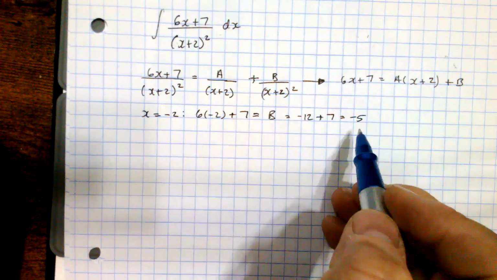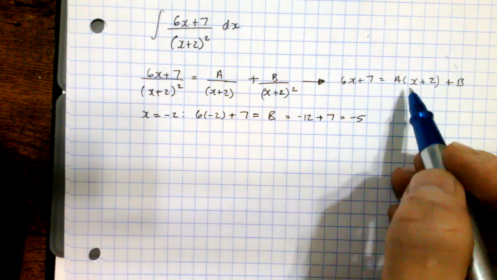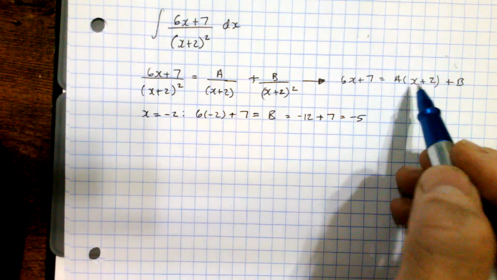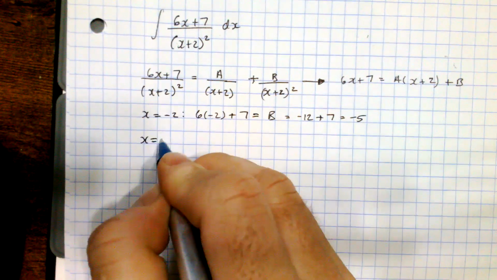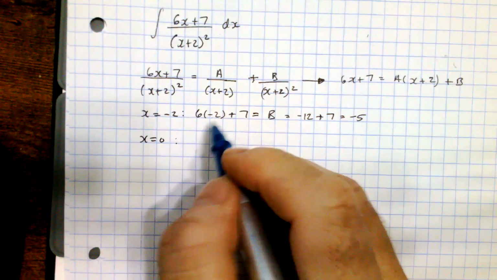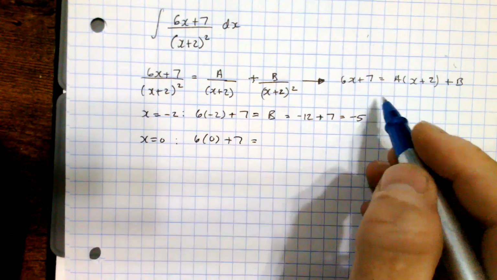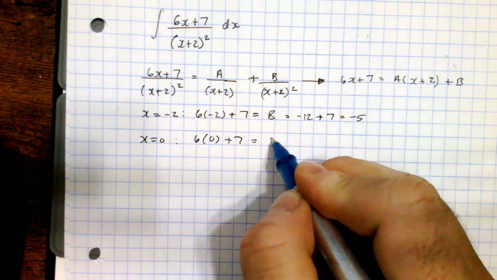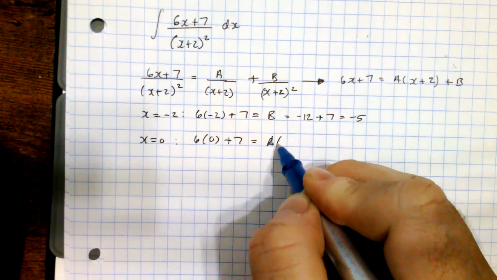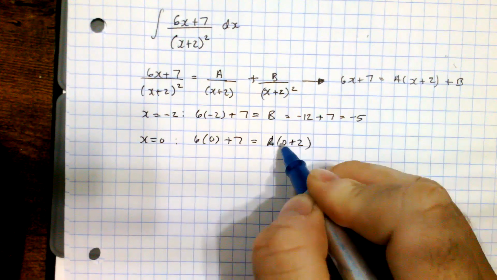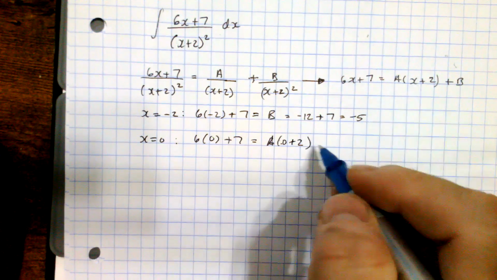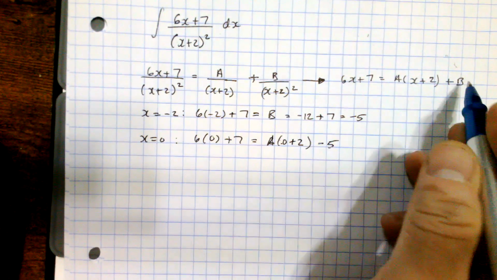So we can use b and any value for x. I think choosing x equals 0 is a great one, because then you get 6 times 0 plus 7 is equal to 2 times a, plus b. 0 is x now, and then b is -5. We found that already.